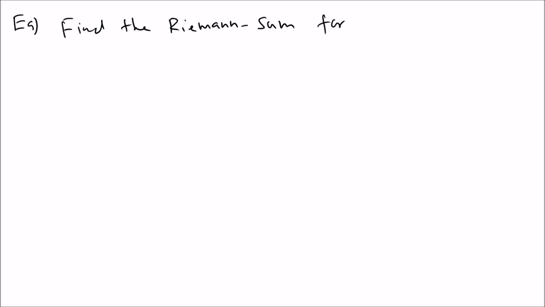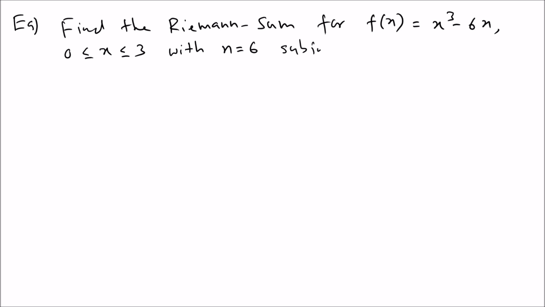Find the Riemann sum for f(x) equals x cubed minus 6x for x going from 0 to 3. Let's pick some number of points, say n equals 6, because it's easy. Six subintervals.